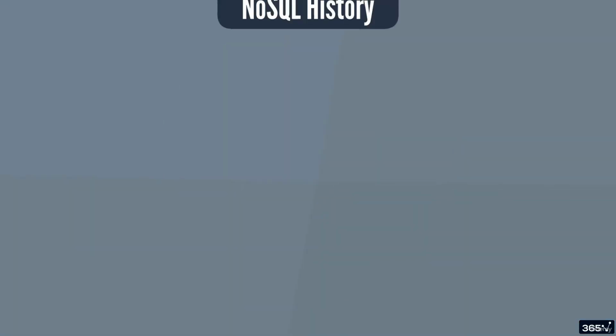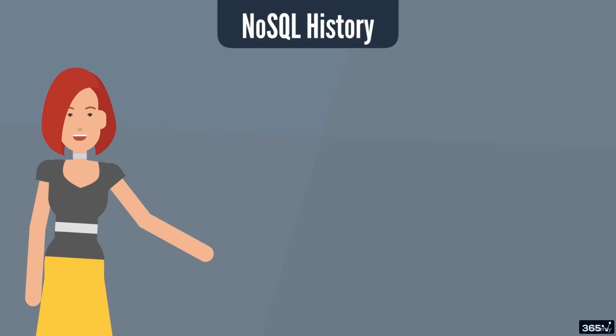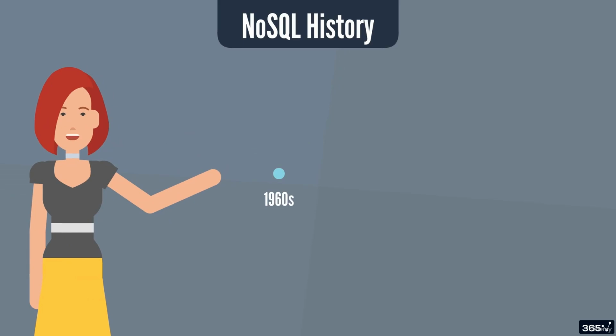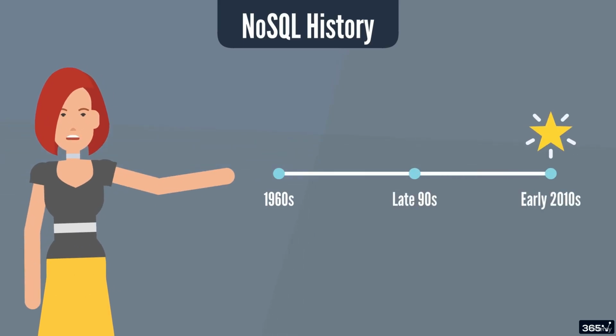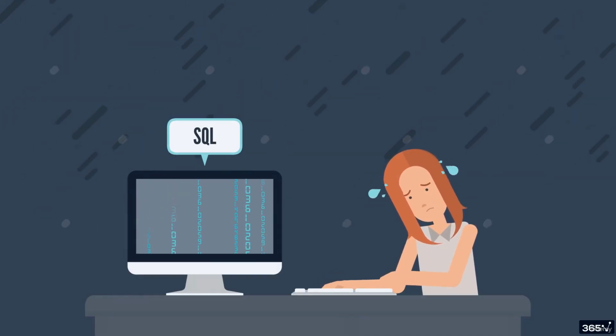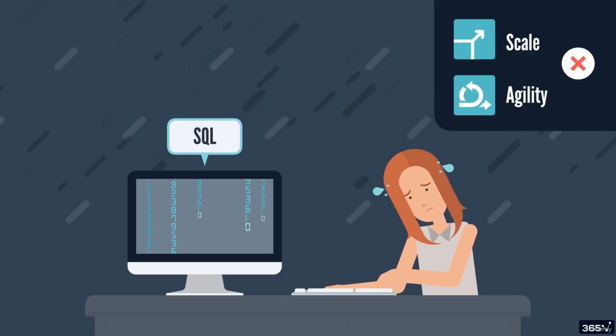Interestingly, that's precisely how NoSQL databases originated. Even though they technically existed since the 1960s, the term NoSQL wasn't introduced until the late 90s and started gathering speed in the early 2010s. NoSQL solutions then emerged as a response to the limitations of traditional databases, particularly regarding scale and agility.